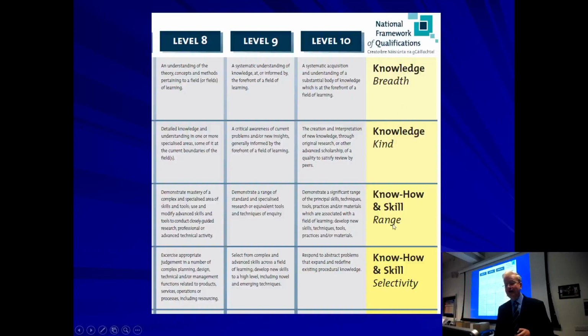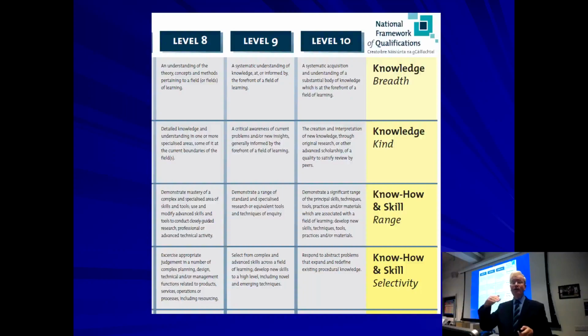And it's important to remember that these general statements are what are called generic descriptors. They are designed to apply to every level 8 degree in every subject in every third level institution. So by definition, they have to be quite vague and all embracing.